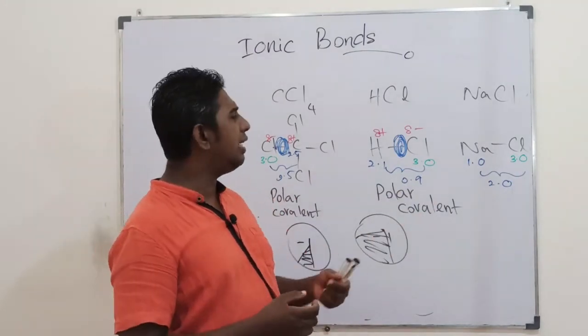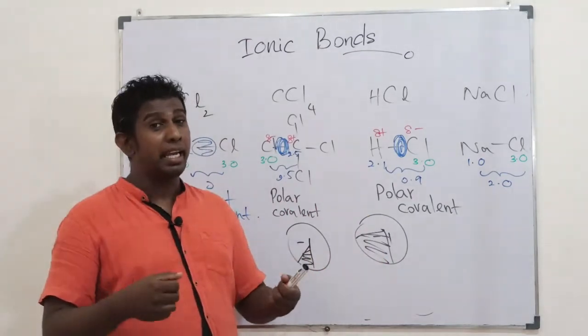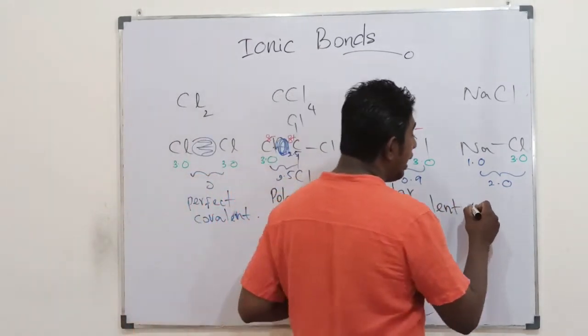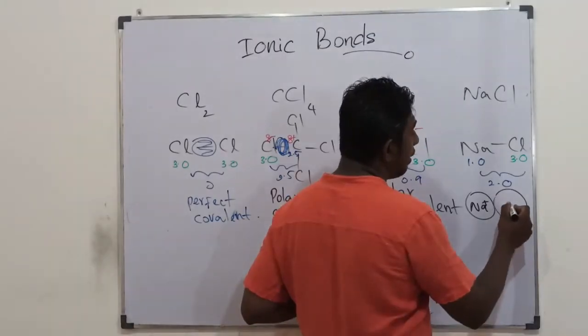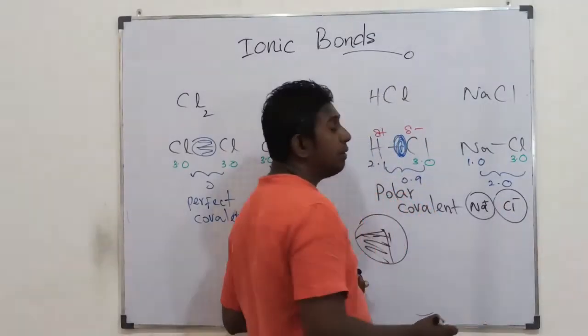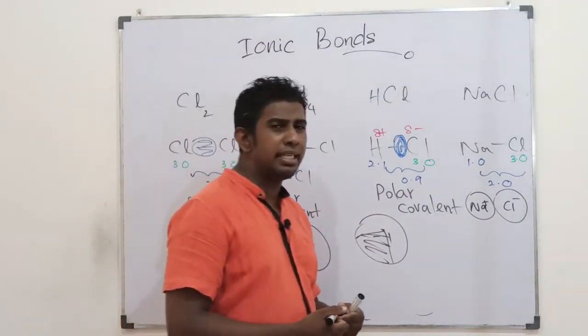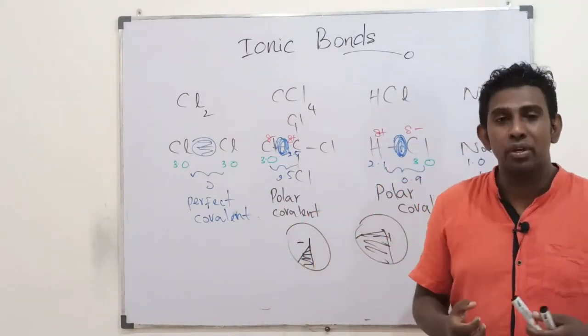In NaCl, this difference is enough to separate the bond electron cloud fully into Na+ and Cl-: Na would lose its electron and Cl would gain that electron completely. They would become Na+ and Cl- having that high electronegativity difference.